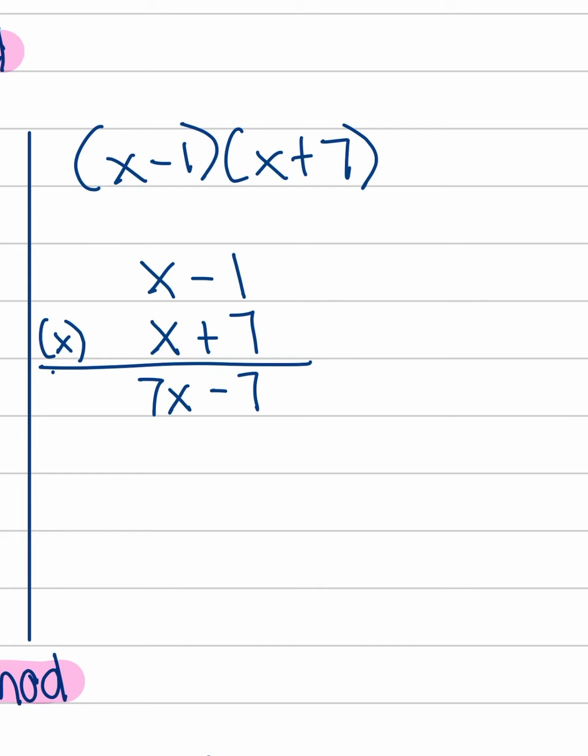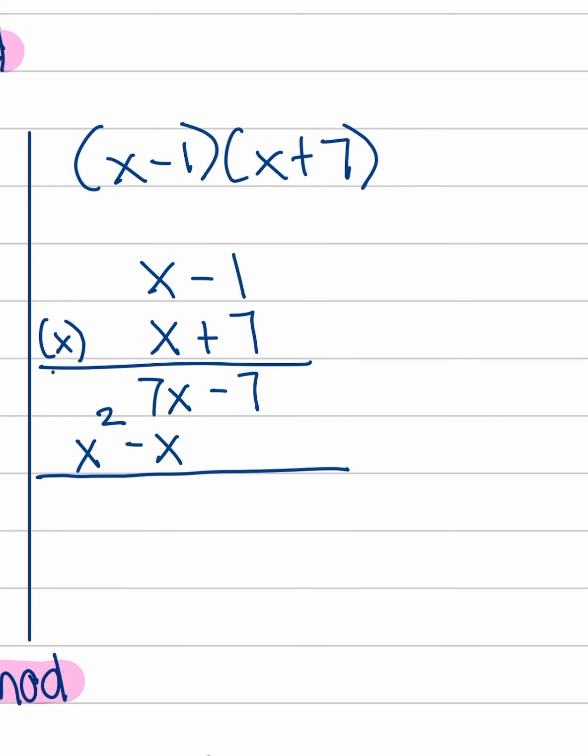Then I'm going to move over to my x term, and I'm going to move over to the place value that has the x there, just like we would with normal multiplication. So I'm going to say x times -1 and get -x. And then I have x times x, which gives me x squared.